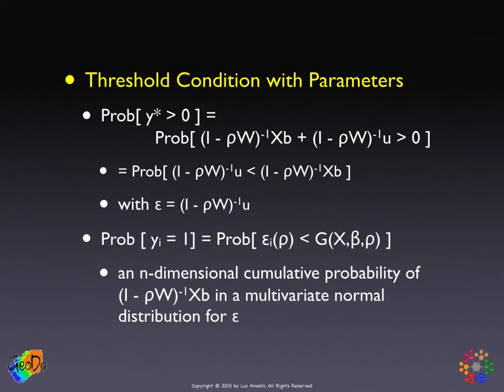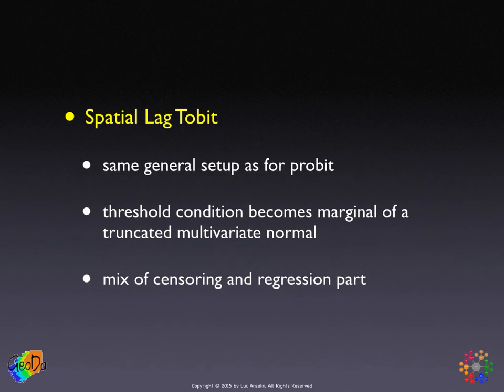Okay, the Tobit, we won't go into any technical details. It's very complex. It's the same general setup, but the threshold condition now is the marginal of a truncated multivariate normal distribution. And just as in the classic Tobit, we have a mix of the censoring part, the unobserved part, which is the 1 minus p part, and then the regression part.